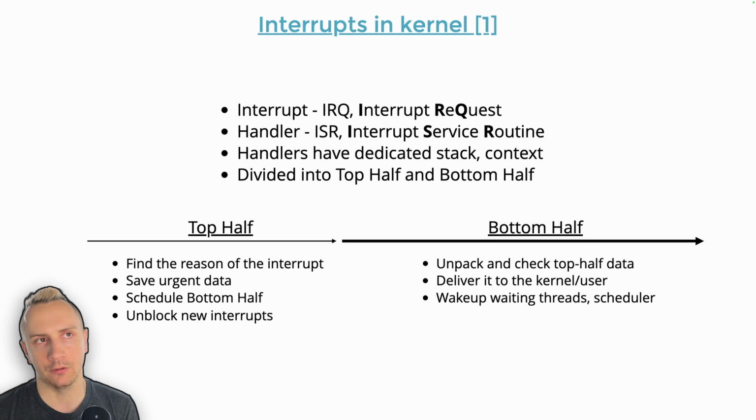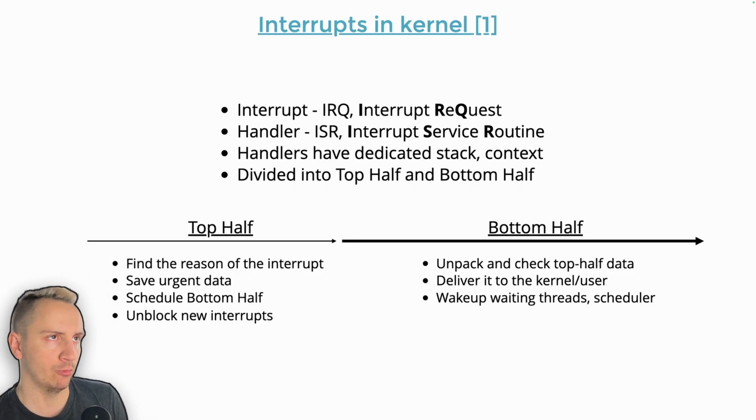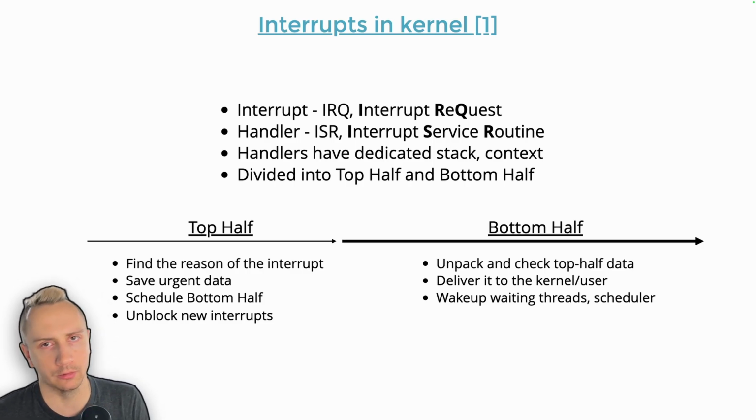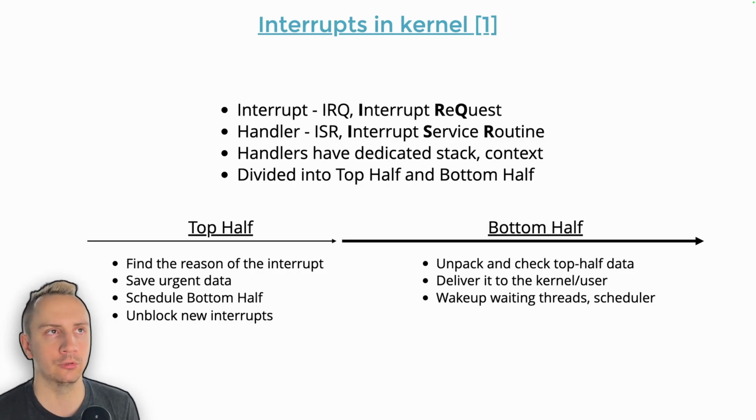They are being stashed into the PIC device, Programmable Interrupt Controller, and only are handled later. So technically every interrupt is saved as a request in the PIC and then later is handled by the kernel, which means interrupts are actually interrupt requests, which might be, I don't know, ignored, or if they are getting duplicated from the same device, can be merged into one interrupt request and so on.